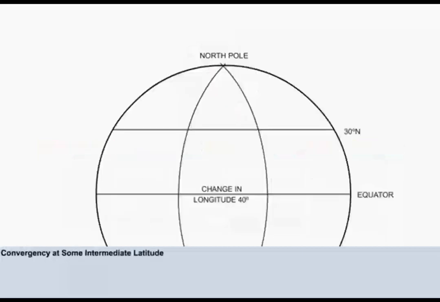Let's now look at what the convergency will be at 30 north, between two meridians 40 degrees of longitude apart. Let's take the tangent at the meridian at 30 north. This is shown by the line X. At Y, the tangent looks like this.